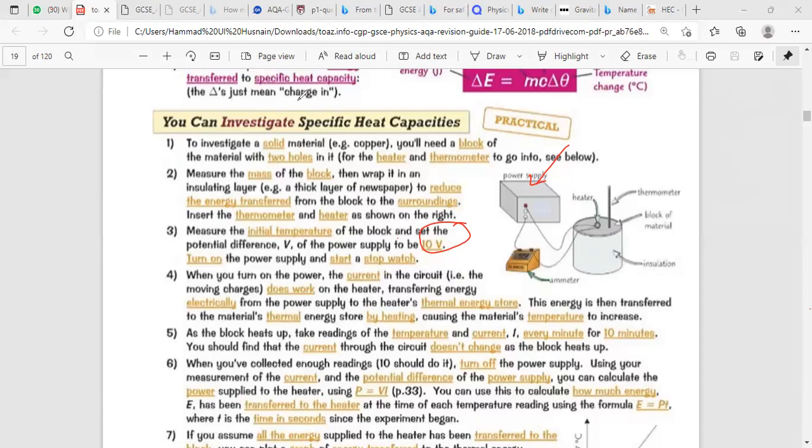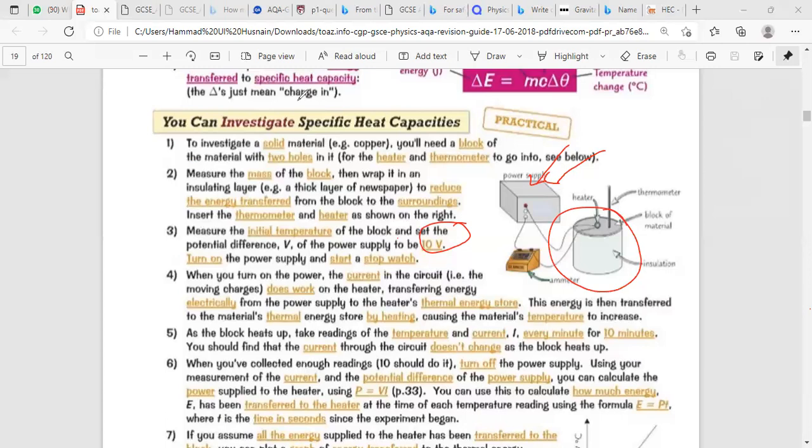So the same is the case here. We use this electric power supply, and we convert this electric power by using a heater. We transfer its electrical energy to thermal energy, and then thermal energy is provided to this mass of copper. So we are providing the heat to that body.